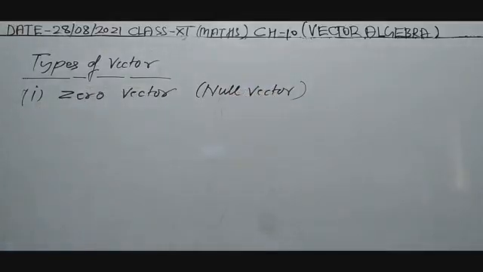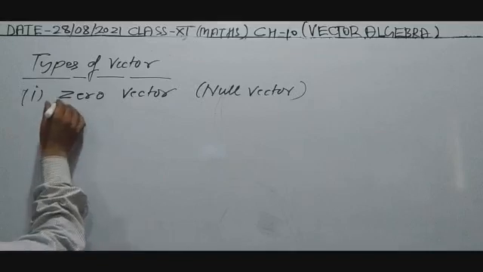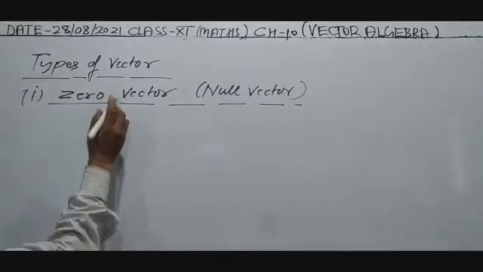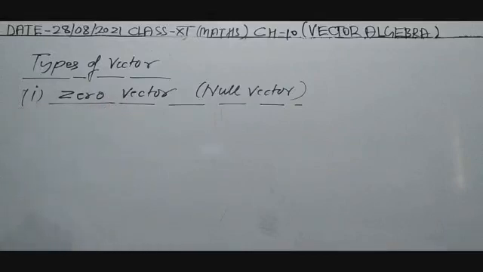How will you define zero vector or null vector? We can say it is a type of vector whose initial and terminal points coincide.